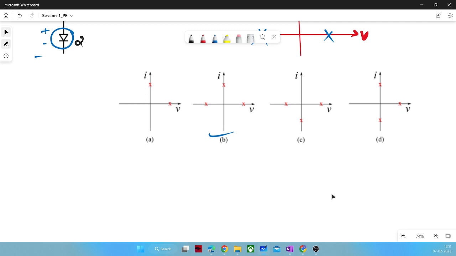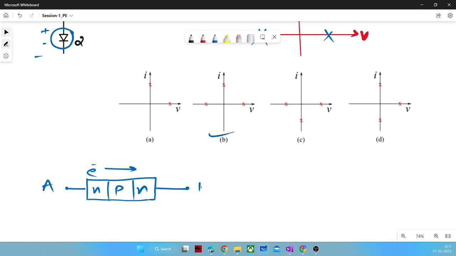So that is the leakage current. If it is an NPN transistor, then electrons will flow from this side to this side, from anode to cathode.